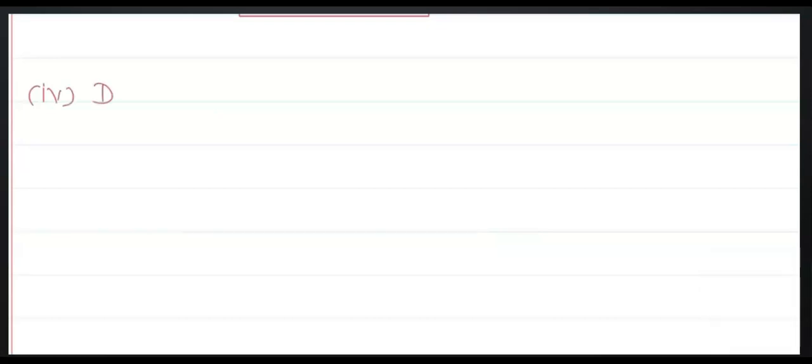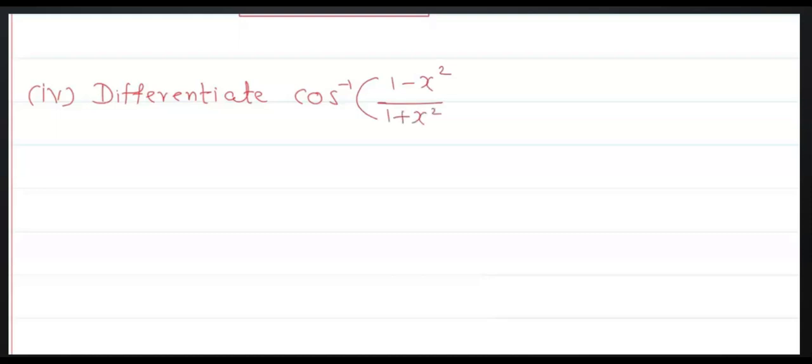Now the next problem is number 4. Differentiate cos inverse of (1 minus x square upon 1 plus x square) with respect to tan inverse of x.